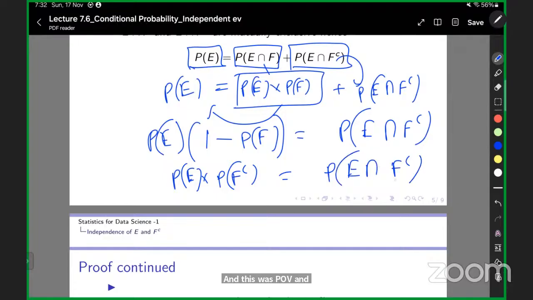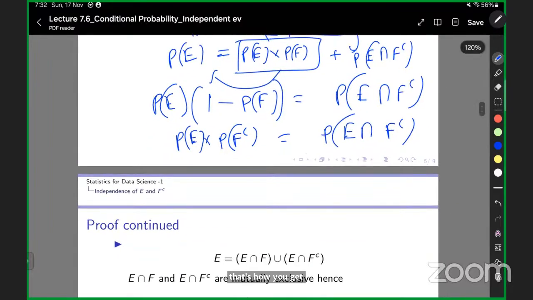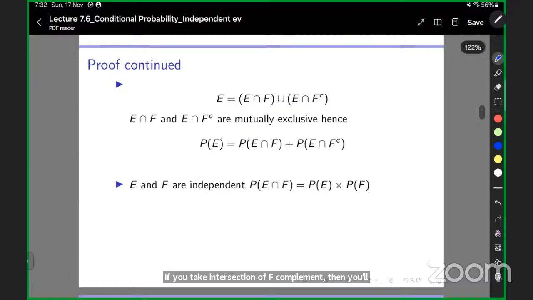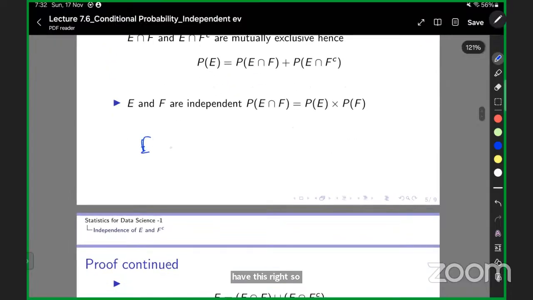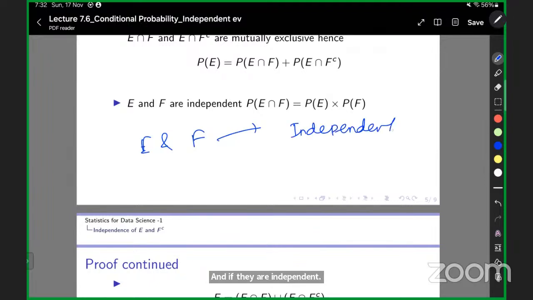If you take the intersection of F complement, then you'll have this, right? So whatever the scenario is, we have this E and F. If they are independent, then E is actually independent with F complement.